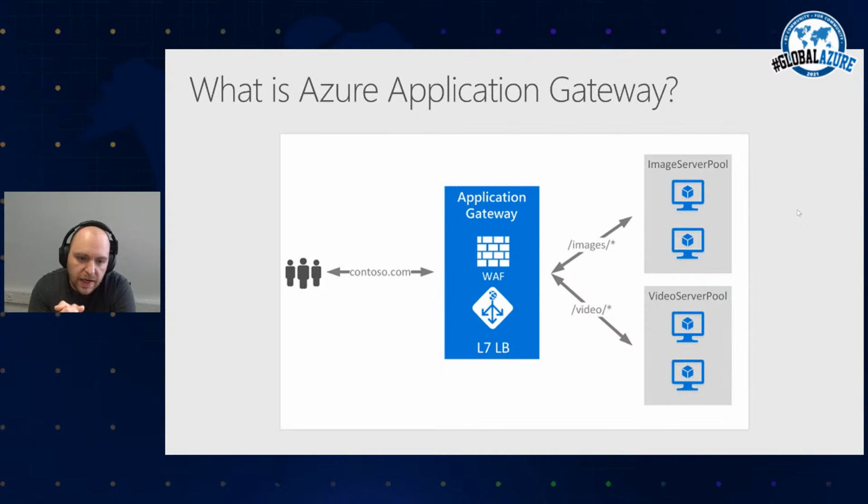So you have your clients, you have your domain, and you have your application gateway that listens to this domain. And the application gateway itself is in a way a load balancer and, what's more important here, a web application firewall. So what does that mean?